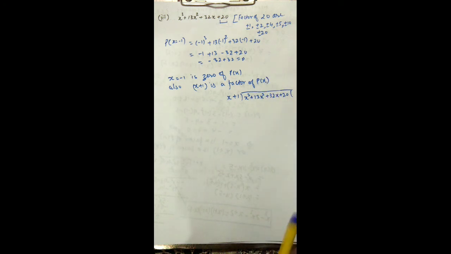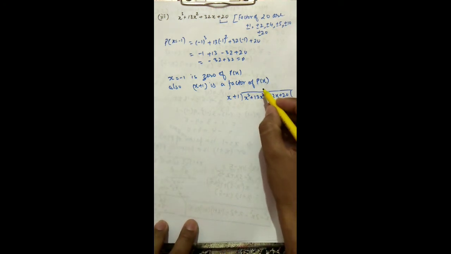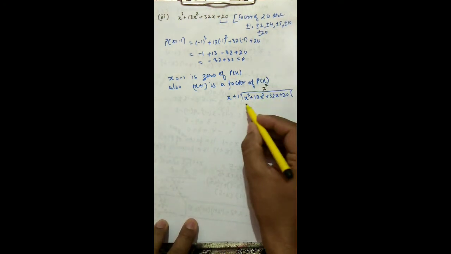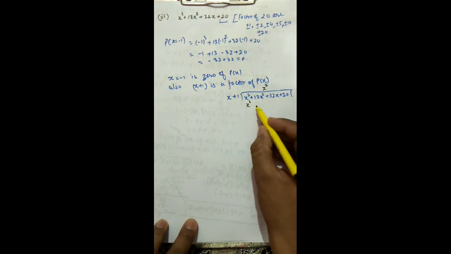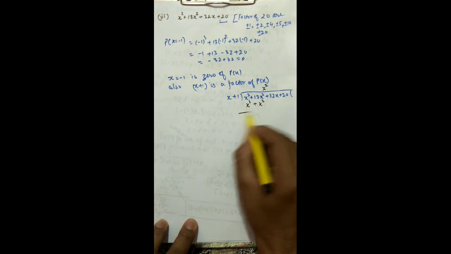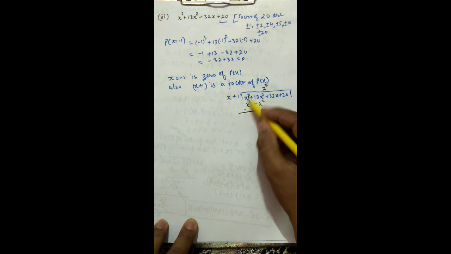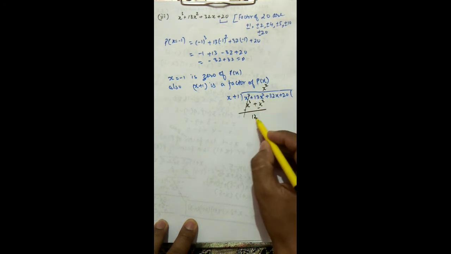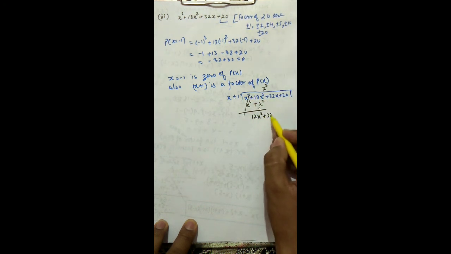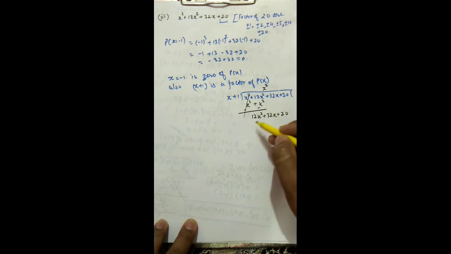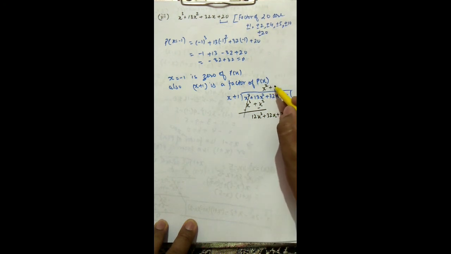Now we do the long division. So in long division, you see the first term will be x square, this becomes x cube and this will become x square. So this is minus, you can cancel this, and this becomes 12x square, this is 32x plus 20. Now you divide this 12x square by x, so you get 12x.